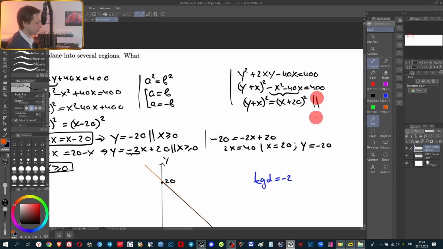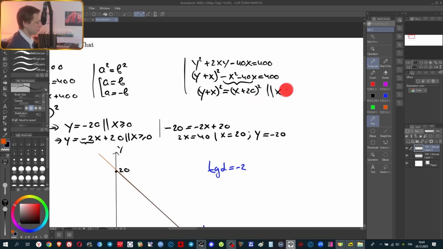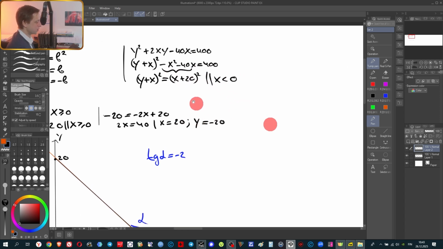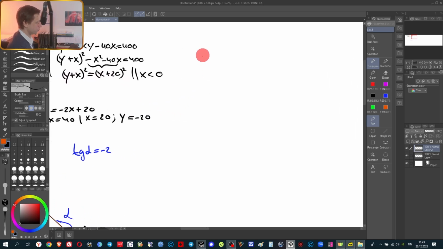And again, don't forget that we are looking at the scenario where x is less than 0. So here we have two possible options. The first option looks like this: y plus x equals x plus 20. And another option is y plus x equals minus x minus 20. Because x is less than 0, we consider two scenarios, each with the condition that x is less than 0.